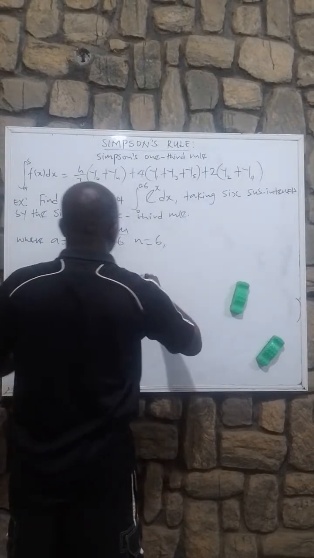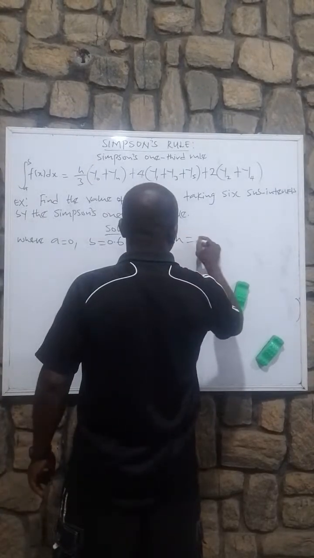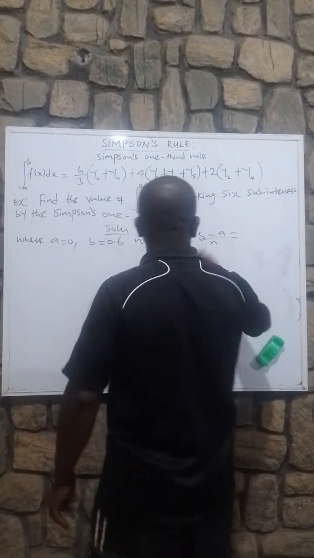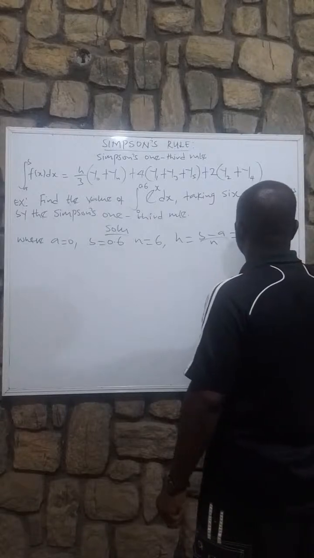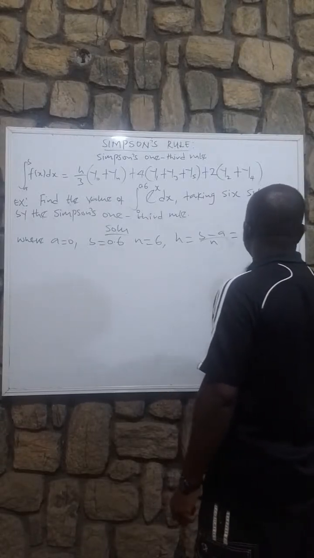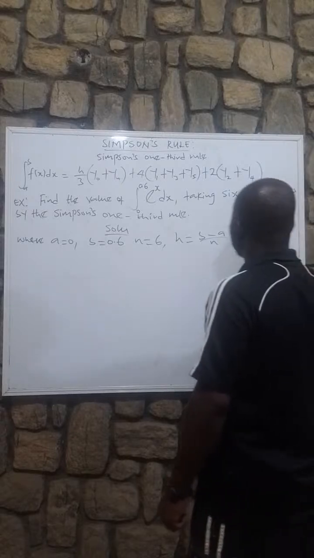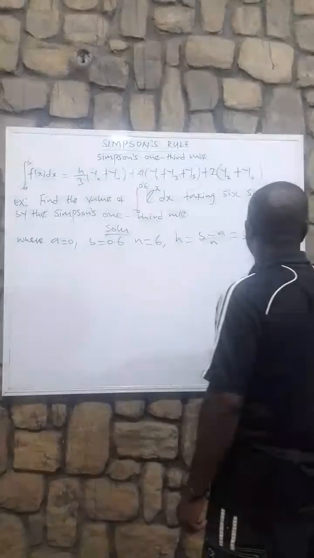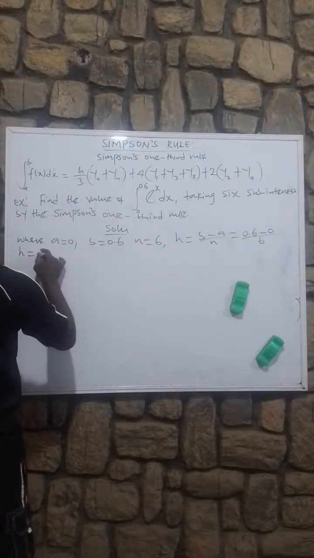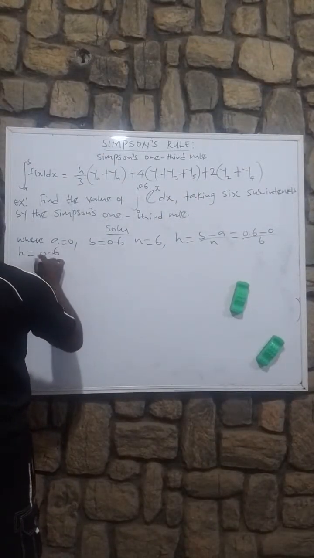So H is equal to B minus A all over N, which is 0.6 minus 0, all over 6. It means our H will now be equal to 0.6 all over 6.